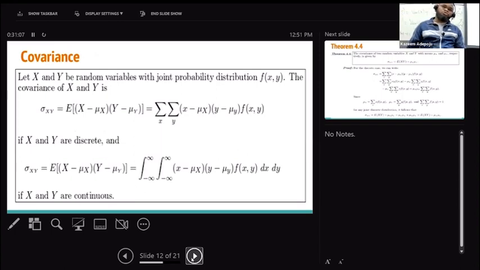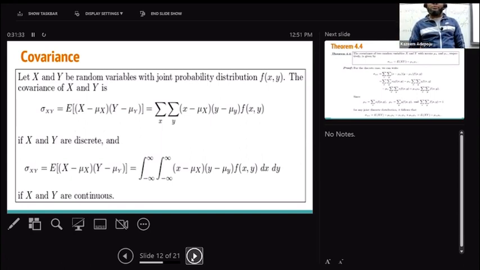Now, I want to walk you through the covariance. How do we get covariance when we're working with discrete and when we're working with continuous? Do you know that when we're working with the variance, you're basically going to have expected value of x minus mu all squared, which is the same thing as expected value of x minus mu times x minus mu.